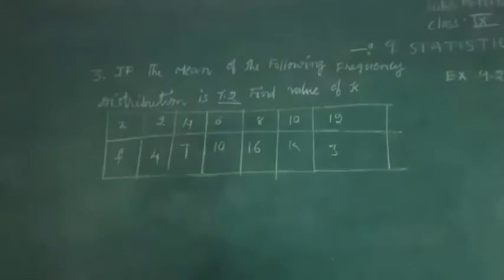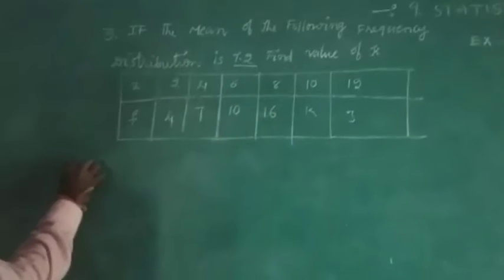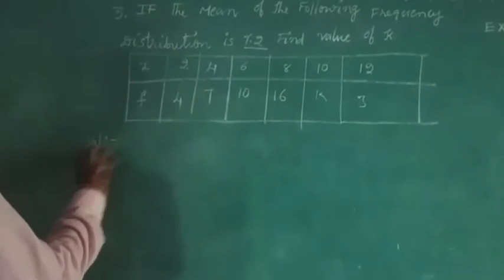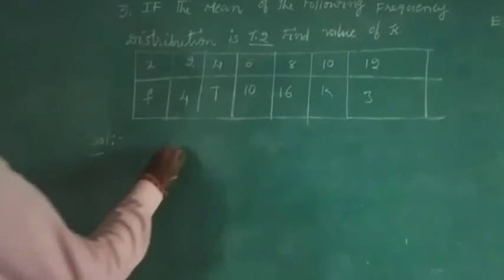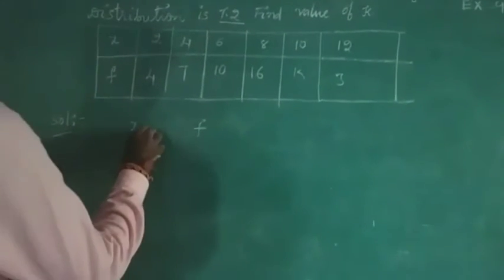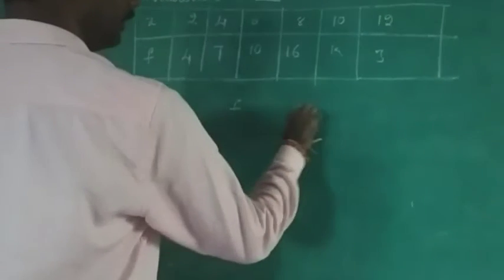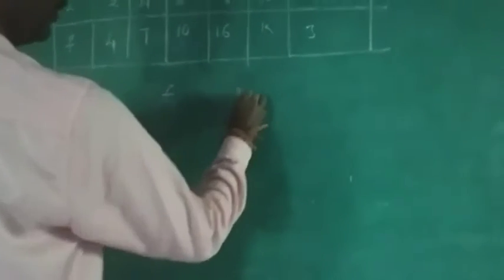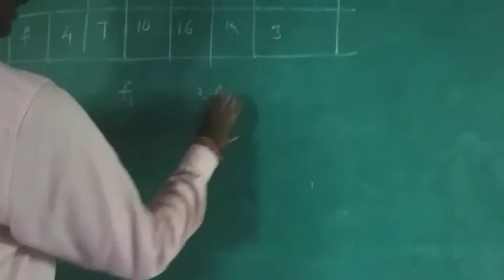Find the value of k. We have x and f, that is xi and fi. Then you need to find out xi into fi. Right?